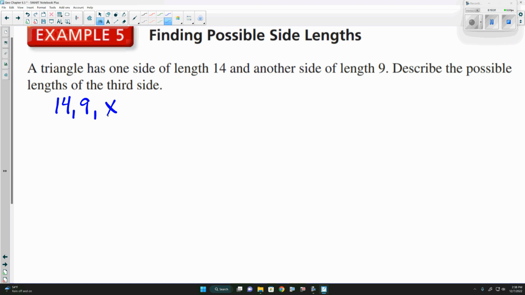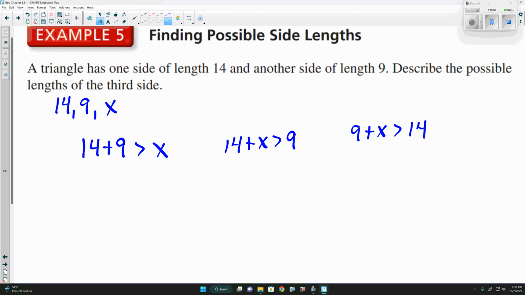So we could say that 14 plus 9 is always going to be greater than the third side x, yes? Because that's true. We could say that 14 plus x is going to be greater than what? 9. And we can also say that 9 plus x is going to be greater than 14.